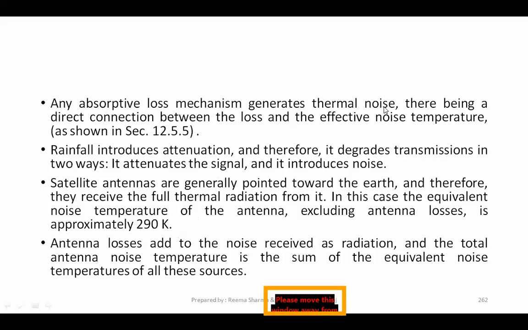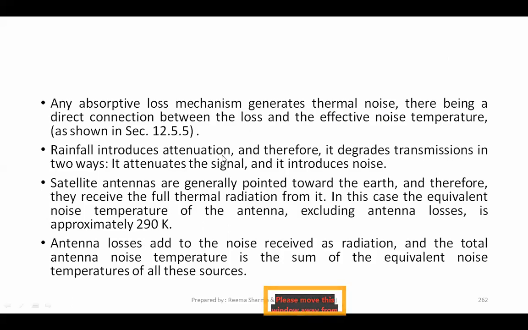So anything that absorbs, this loss is actually in the form of temperature, there being a direct connection between the loss and noise temperature. So as your loss increases, your temperature will also increase. So we can say that it's directly proportional, the noise and temperature.